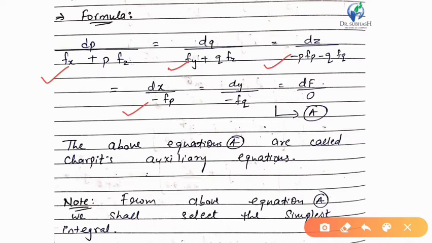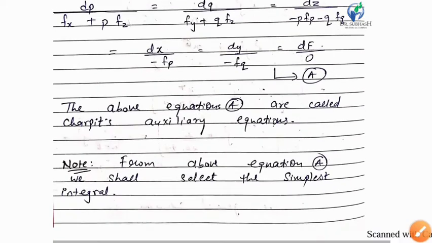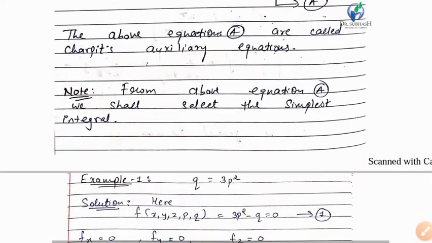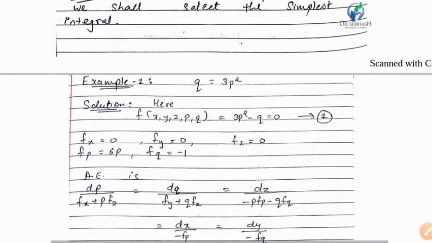We can also consider df upon 0. Let us name this as equation A, and this equation A is called Charpit's auxiliary equations. Now here I have written some note that from equation A we need to select the simple integral which we can find the value.